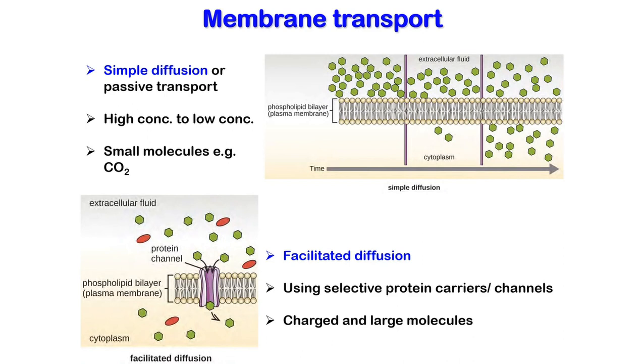This is called facilitated diffusion. But it's important to know that even though they're using these carriers or channels, the molecules are still following their concentration gradient from high to low. So this process doesn't involve energy. It's not an active process.